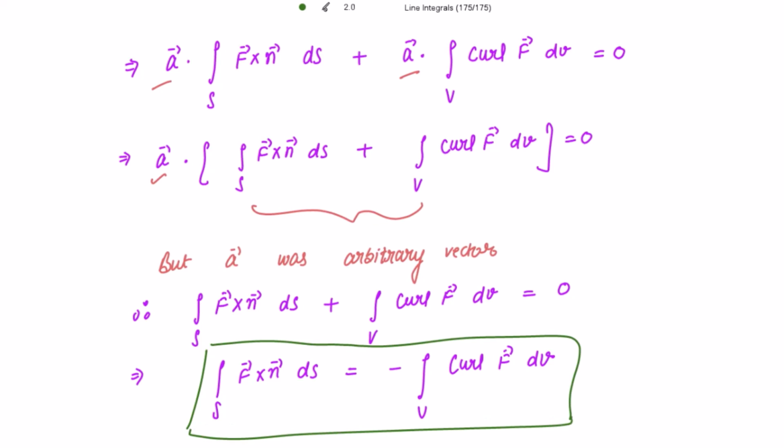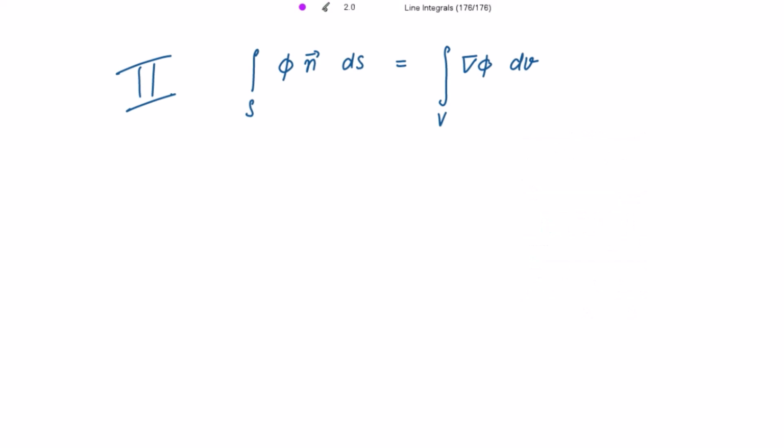Now let's move on to the proof of the second result. That is, the surface integral of phi n vector is equal to the volume integral of grad phi. For this again we have to consider the constant vector A. So let A vector be the constant vector.